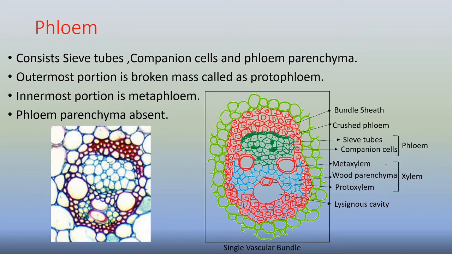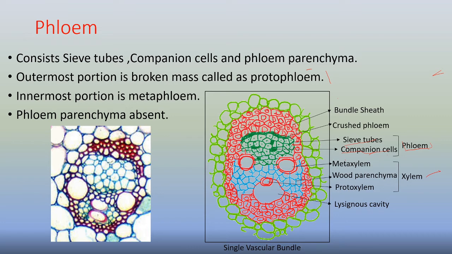Now next is the phloem tissue, that is phloem vascular tissue. You can see in this figure the dark green colored portion is the phloem tissue. Phloem consists of two parts, that is the sieve tubes and companion cells. Companion cells and sieve tubes are the prominent structures comprising the phloem vascular tissue, which is seen here in a green colored portion, and this is the xylem tissue.